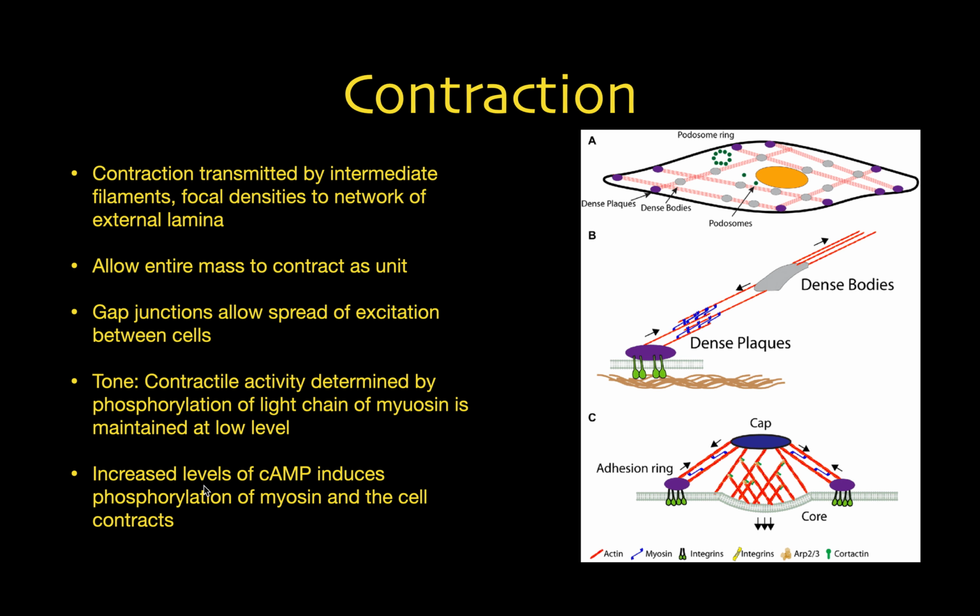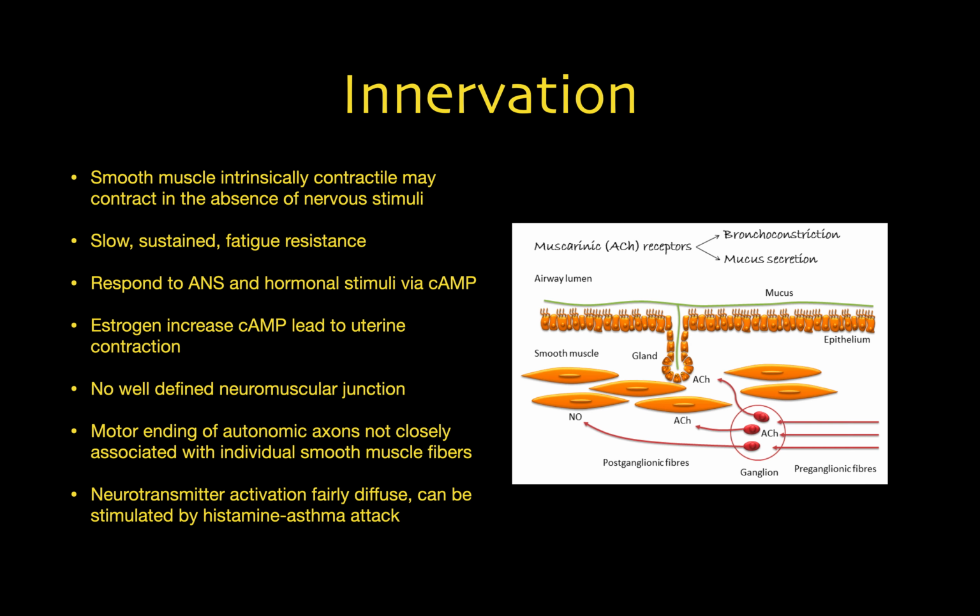Okay, so an increased level of cAMP will induce the phosphorylation of myosin and the cell will contract. We already talked about the phosphorylation and how that activates. Let's go through innervation. So smooth muscle is intrinsically contractile, like cardiac muscle, and it will contract in the absence of nervous stimuli.